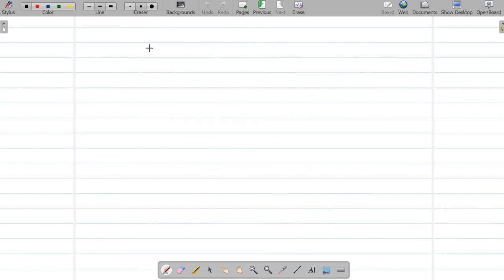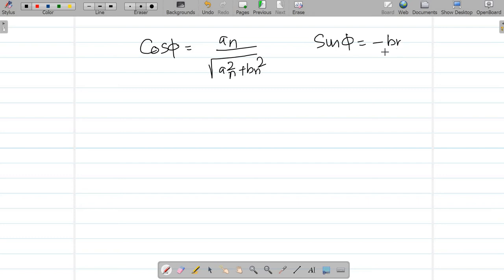Let us define cos phi as An divided by root of An squared plus Bn squared, and sin psi as negative Bn divided by root of An squared plus Bn squared.